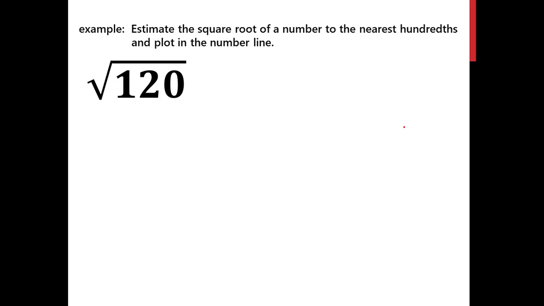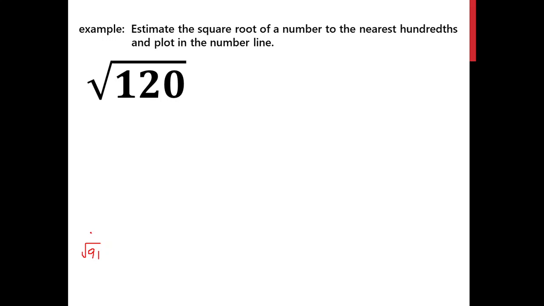Next, 120. Yeah, 120 is not a perfect square. So let's try to find the first perfect square for this one. That would be 81, right? The square root of 81 is 9.